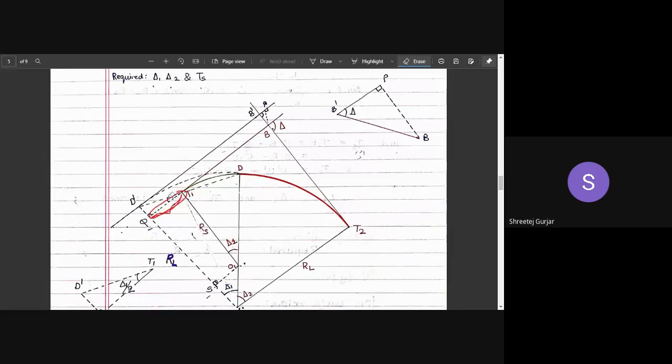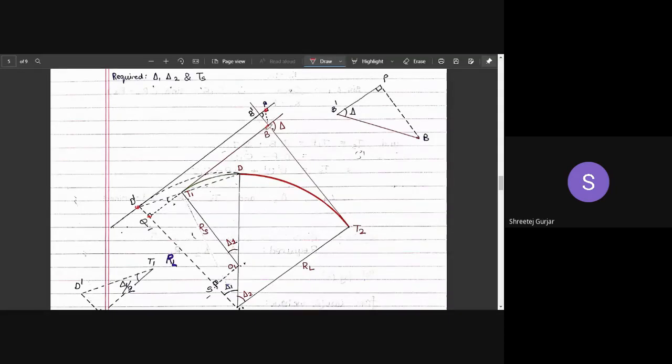Now further, instead of this particular BQ, we will consider D dash P, because this line is perpendicular to this particular tangent.